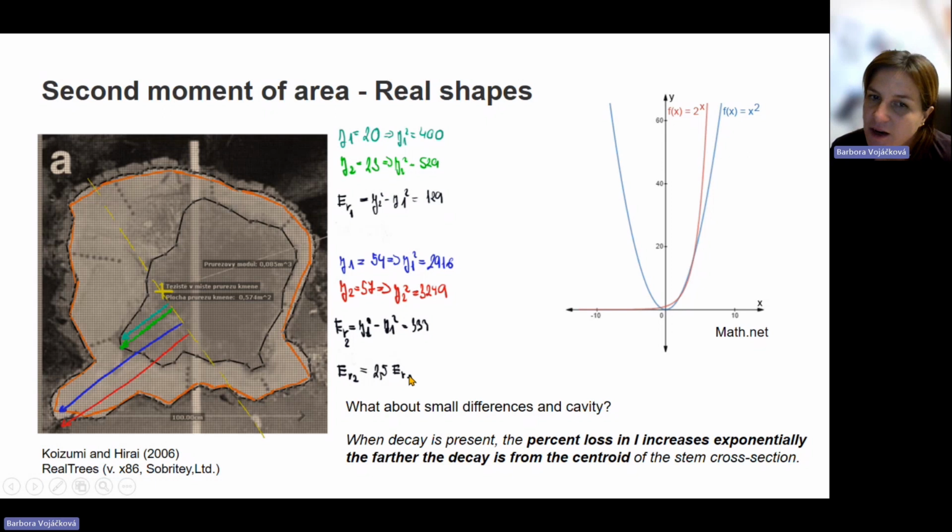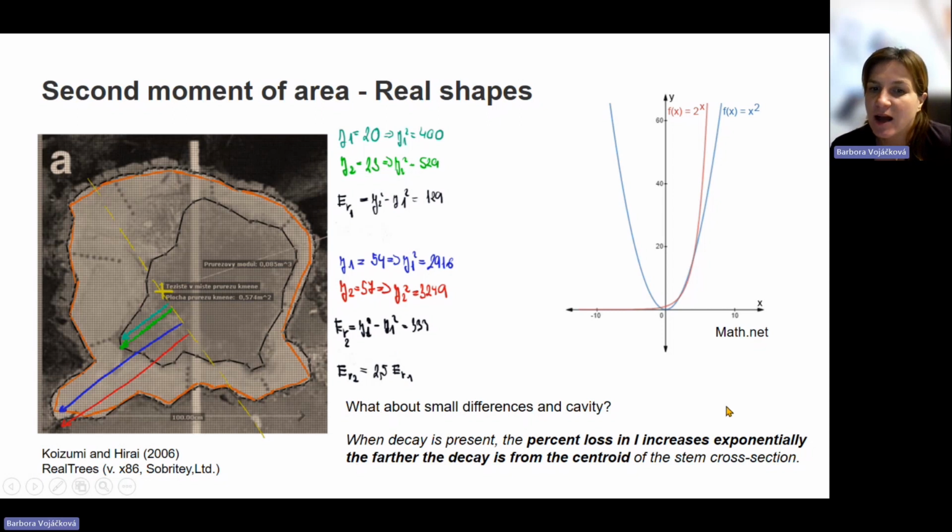It means that the error, which is increasing from the outer border of the shape, is 2.5 times bigger than in the case of the inner one, because here I am closer to the neutral axis than on the outer border.